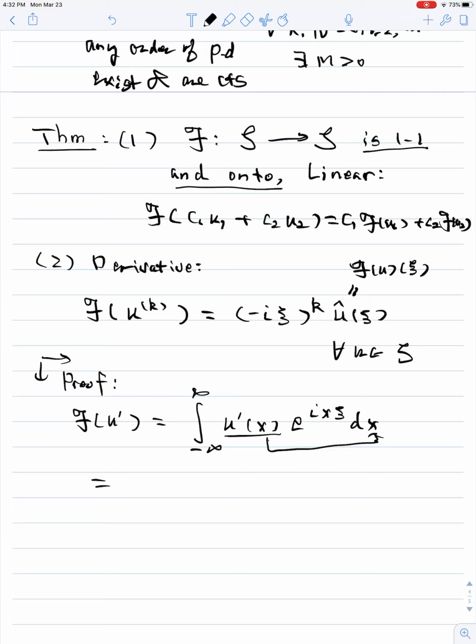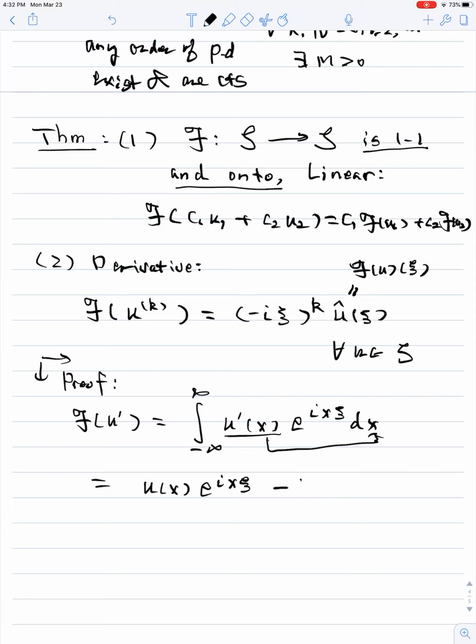This would give us u(x) e^{ixξ} minus the integral of the derivative of this term times u. So we would have iξ come out.